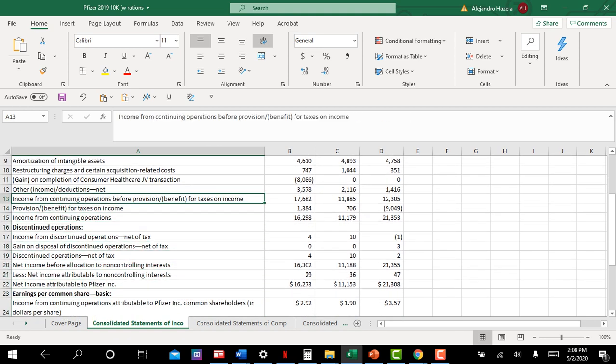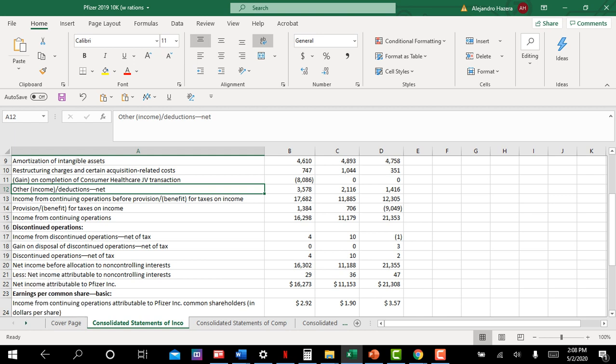So I'm betting that the interest expense is buried in other income and deductions. Where do you find interest expense? Remember I said there are 100 worksheets in this workbook, so somewhere in one of those, the interest expense is buried in some footnote.